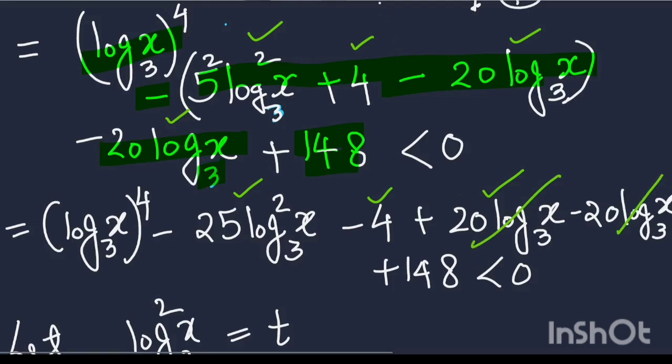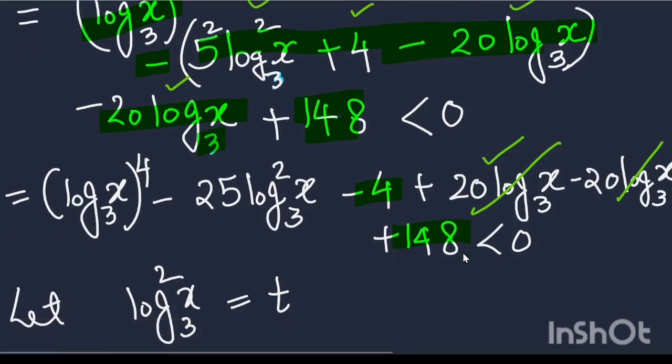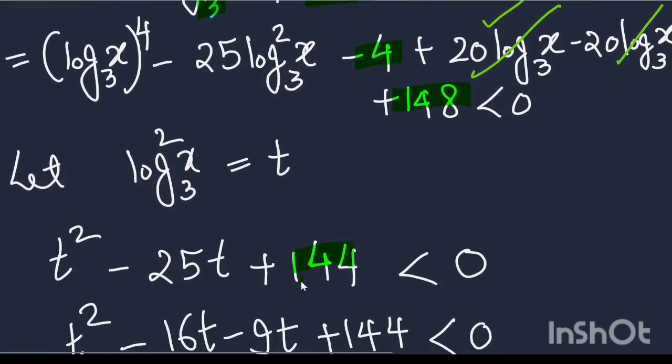Now this minus 4 and 148, if we add, we get 144. At the same time, we assumed (log x base 3) whole square as t, so this becomes t square, guys, since log x base 3 to the power 4 is t square.